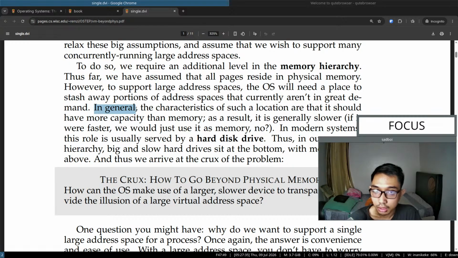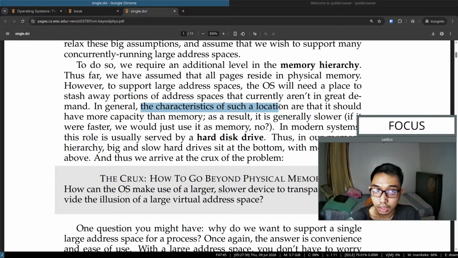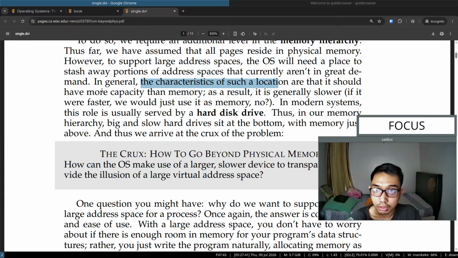In general, the characteristics of such a location are that it should have more capacity than memory. As a result, it is generally slower. If it were faster, we would just use it as memory.